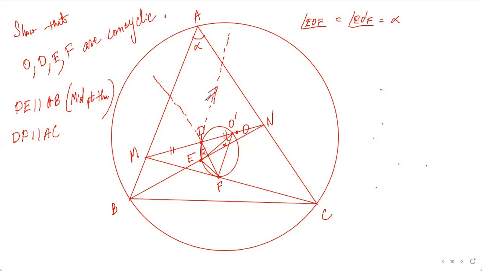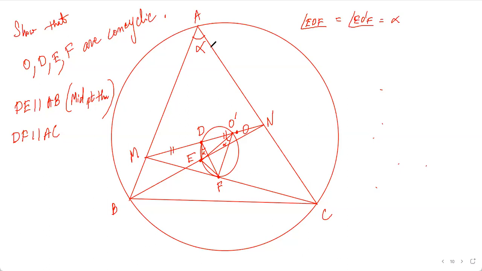So this is parallel to this, and this is parallel to this. And so this will be angle alpha, and the angle at the vertex will also be equal to alpha. So I'm removing all those things. If anyone is not convinced, let me know.